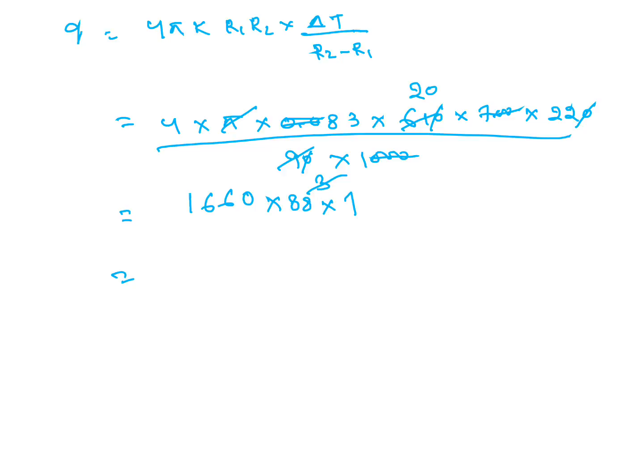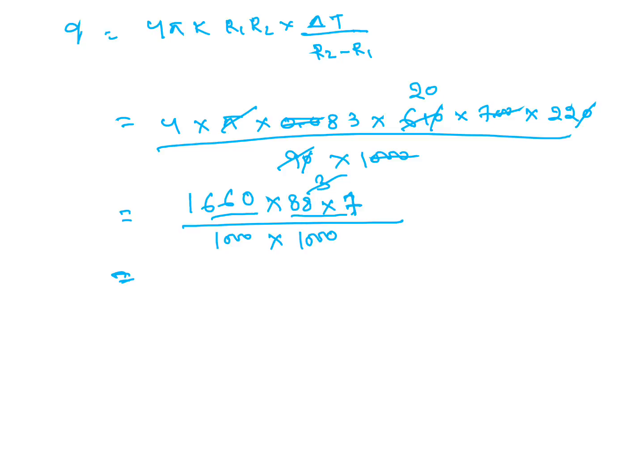Here into 7. So divided by 10 to the power 3 for kilowatt and 10 to the power 3 to convert mm to meter. So we'll get around this one 3.